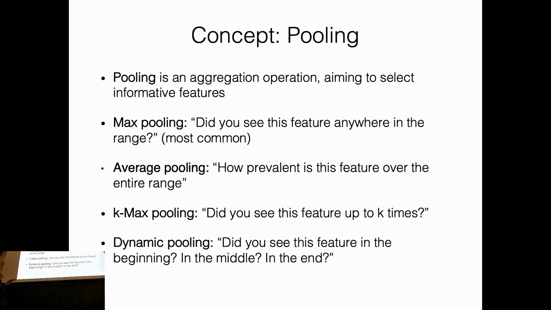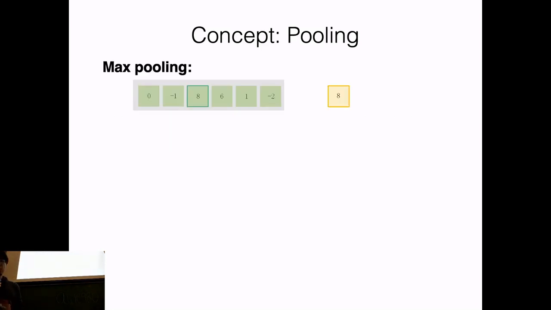Typically we have many pooling mechanisms, ranging from max pooling and average pooling to even K-max pooling. But most of the time, I think the top two, max pooling and average pooling, we use more frequently. Here I just want to make a brief illustration of this pooling mechanism.